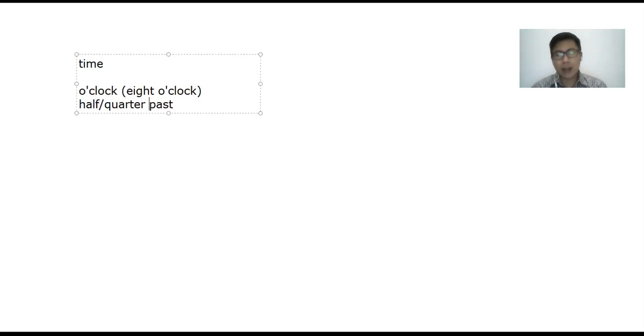Now remember, half means 1/2, and quarter means 1/4 in mathematics. So half past or quarter past is usually in the clock about 15 minutes. For example, it's 8:15, for the quarter.